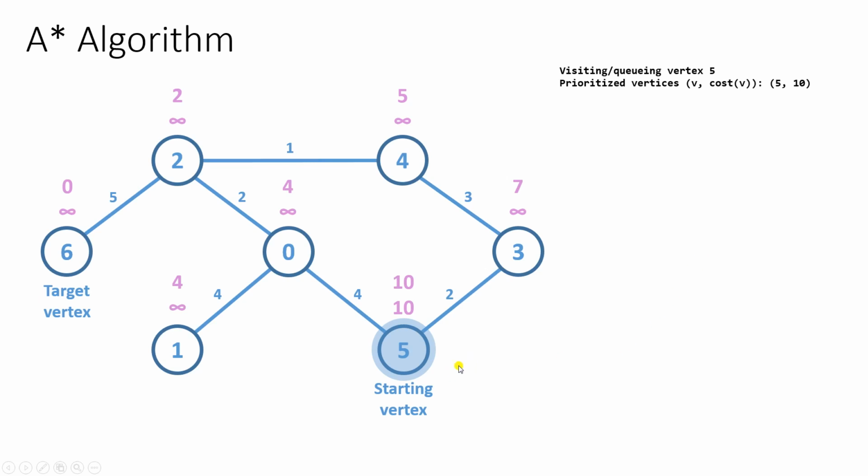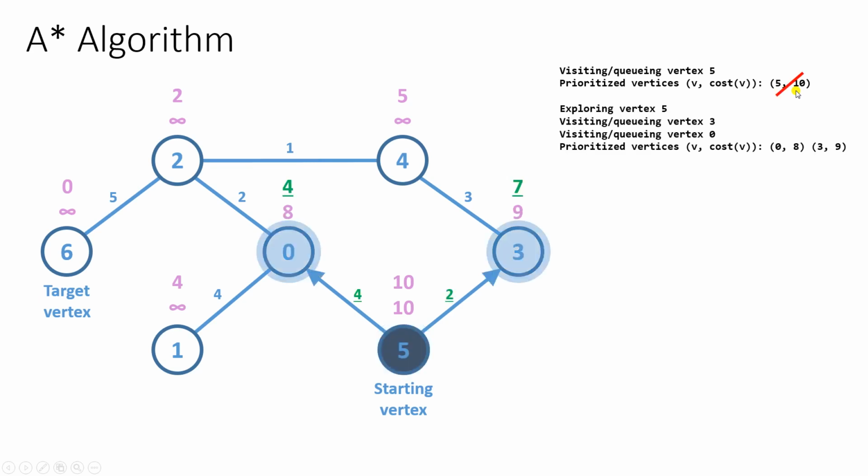So this algorithm starts by visiting the vertex with the highest priority, or the lowest cost, and in our case that's the only vertex in the priority queue, with its total cost of 10. By exploring the starting vertex, we will discover and visit vertices 0 and 3.